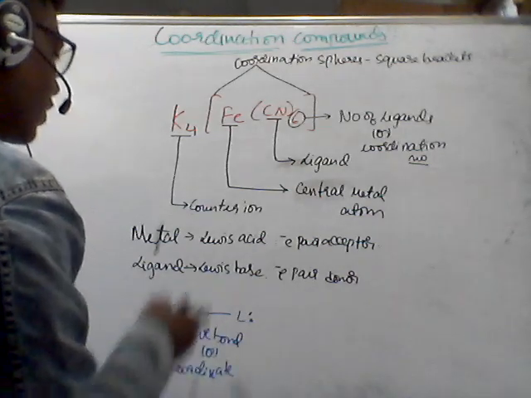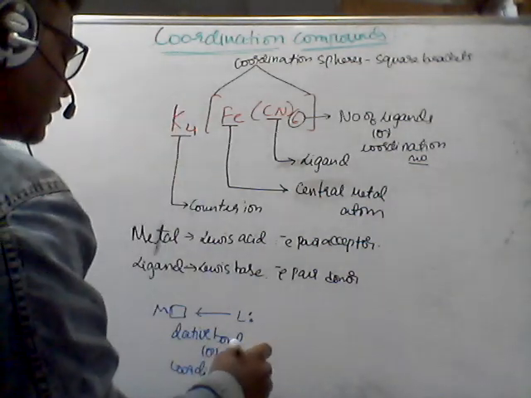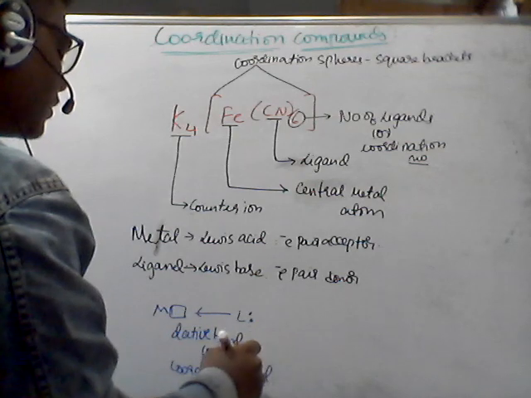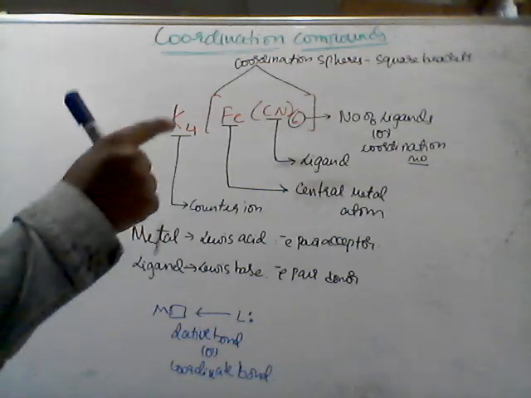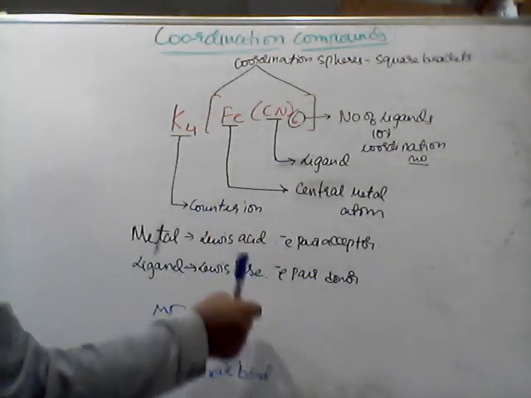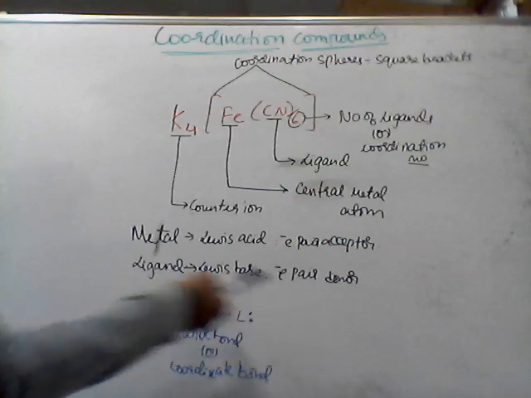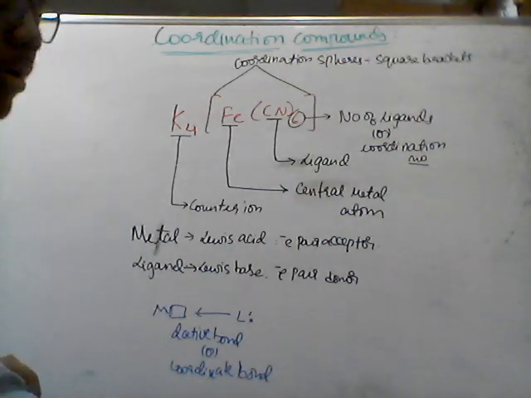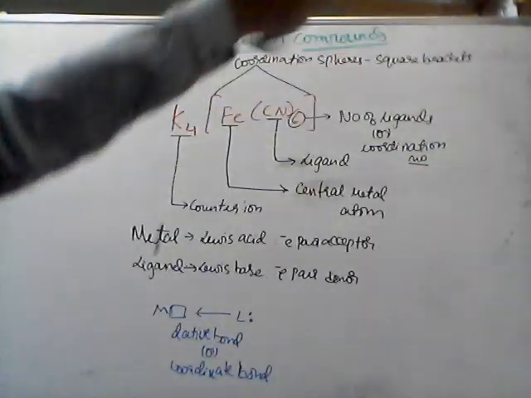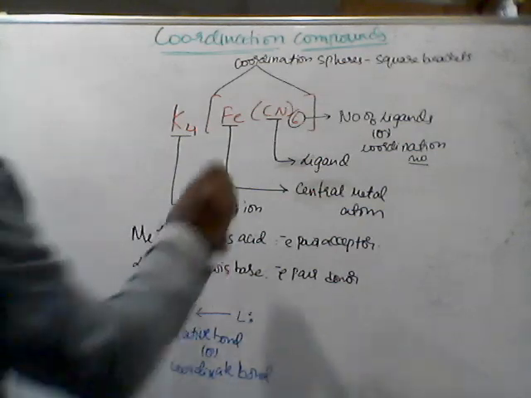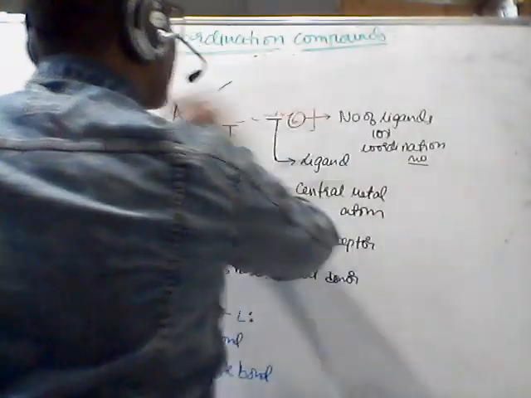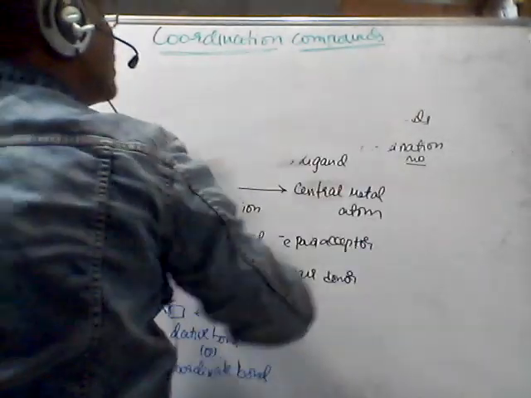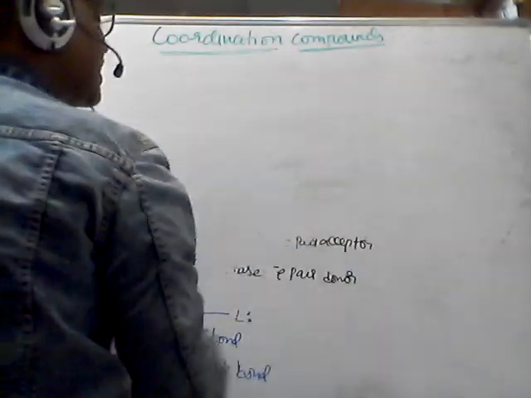That's why the name is coordination compounds. Ligand will have electrons with it and the metal will have a vacant orbital, and then the electrons from the ligand are transferred to the metal atom through a bond called a dative bond or coordinate bond. Fine. This is clear.